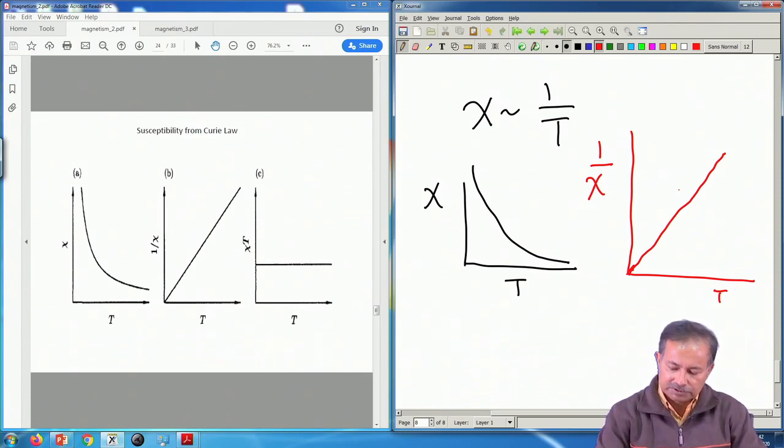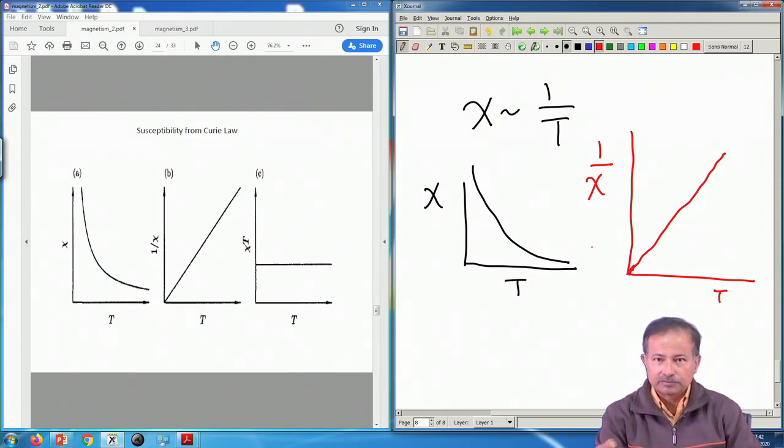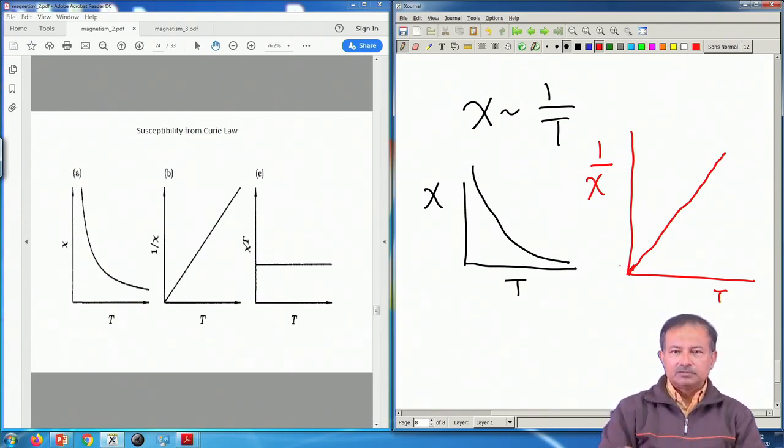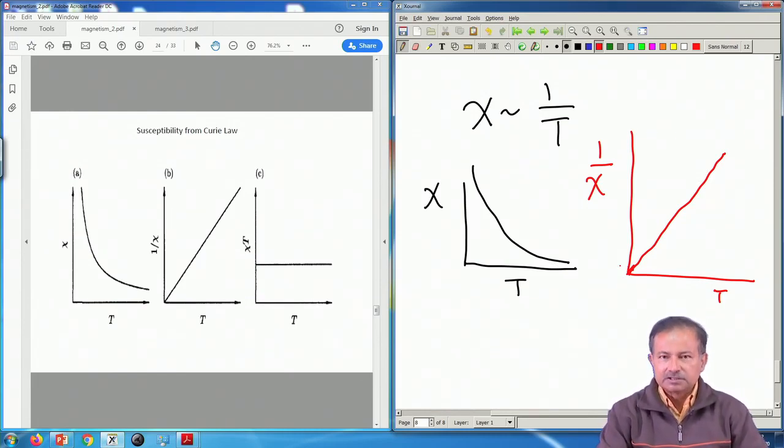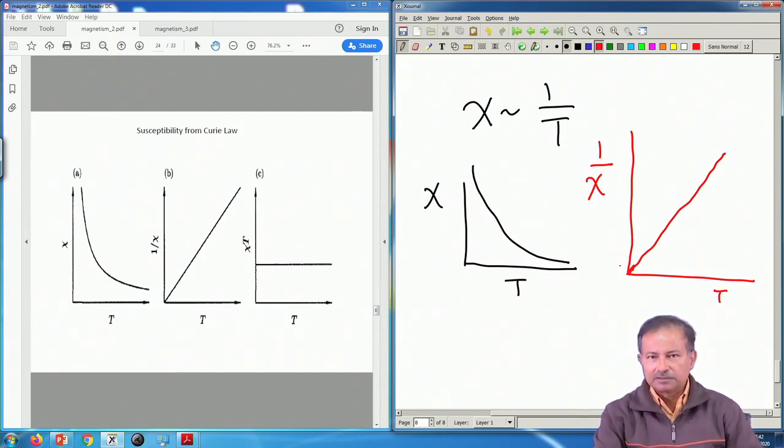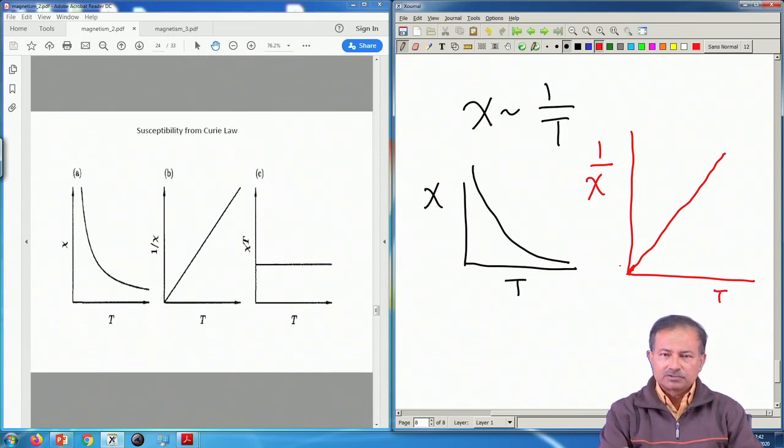But of course, this whole treatment that we did, this approximation, breaks down at very low temperature. So, this passing through the origin should be taken with some care. In real systems it may not happen as I have just shown. The formula will of course give you a picture like this, but you should be careful here.